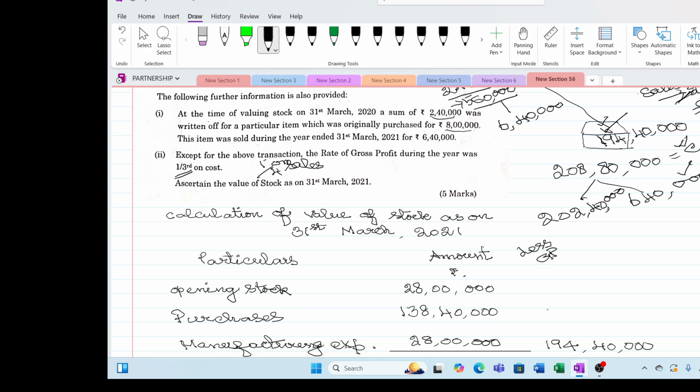So if I remove 25%, that comes to 1,51,80,000. So I got the cost of 1,51,80,000.